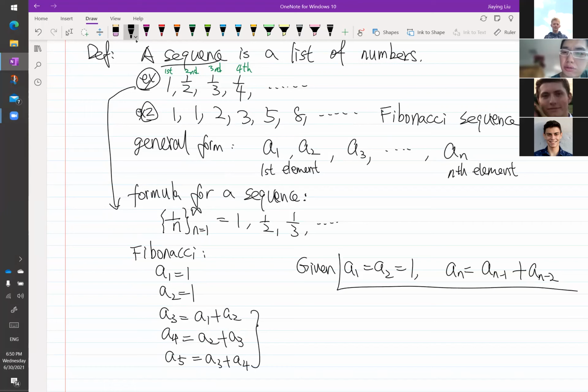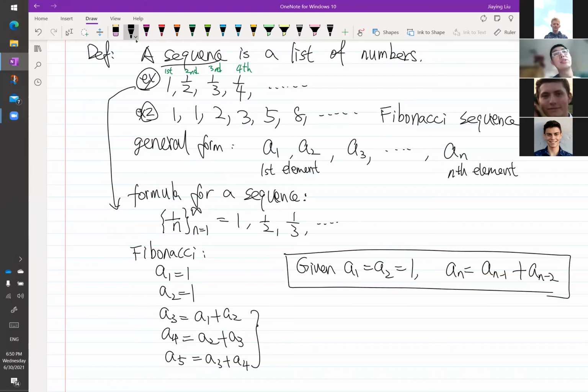So this is the rule that will describe all elements in the Fibonacci sequence, with the condition that n is greater than or equal to 3, right? Because if n equals 1, that wouldn't work. If n equals 2, that also doesn't work. This kind of rule is what we call a recursive rule.